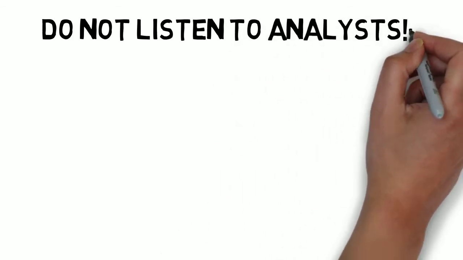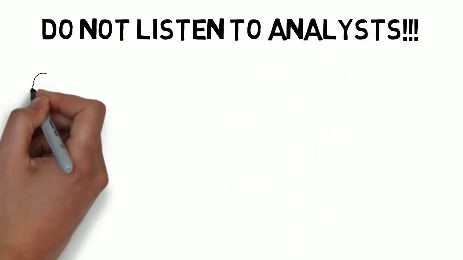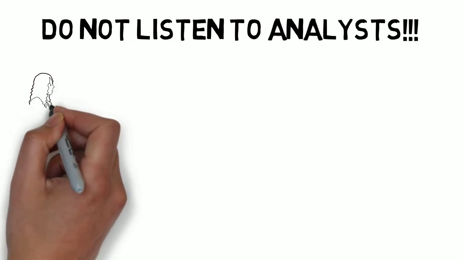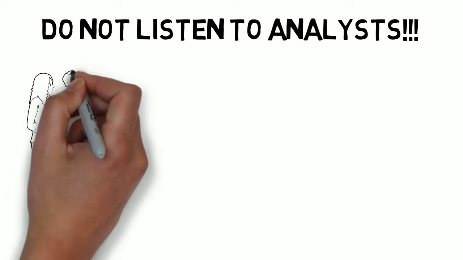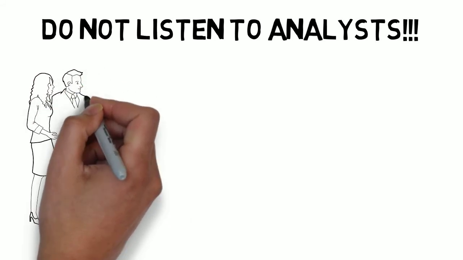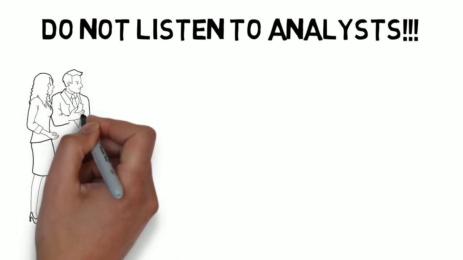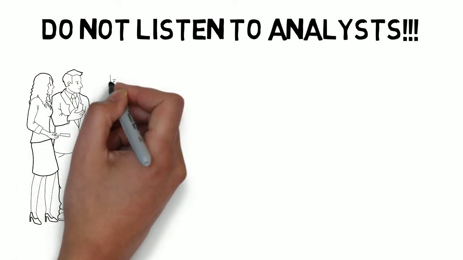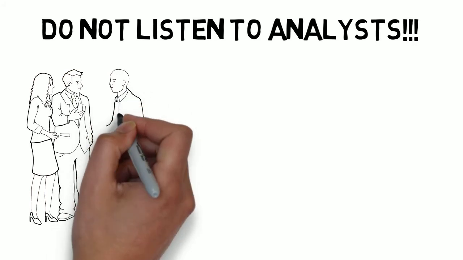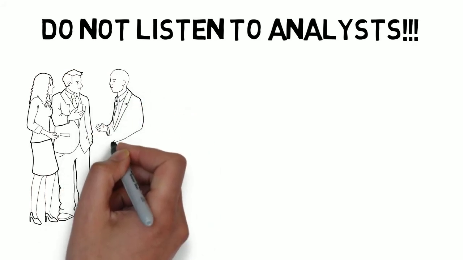So basically, do not listen to analysts. Some analysts put some ridiculous numbers out there. Before any company gives earnings, the analysts are the ones that put out an estimate of what they think the company can do for numbers, either quarterly or annually.